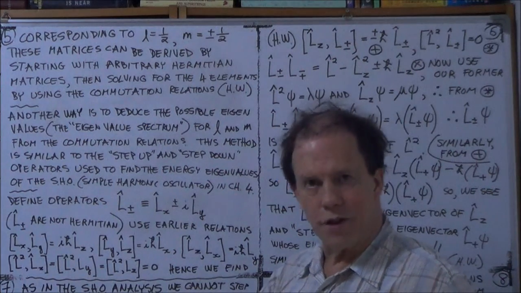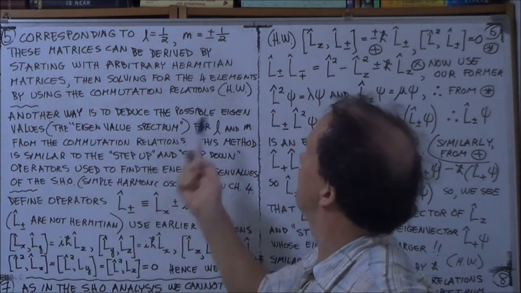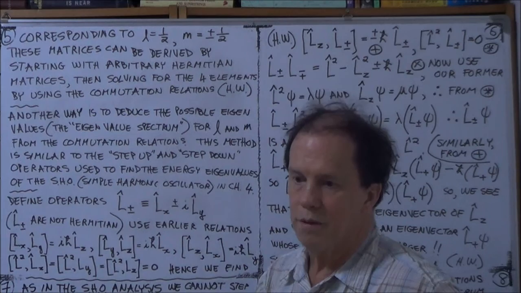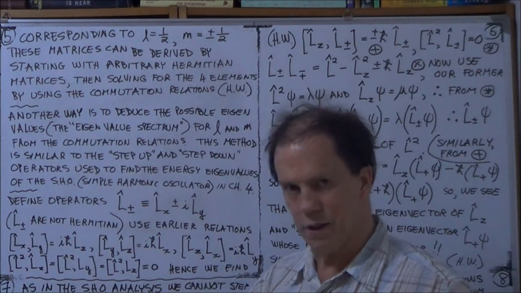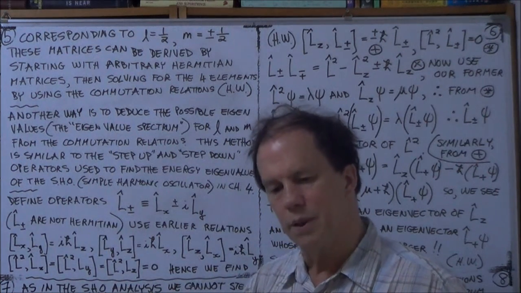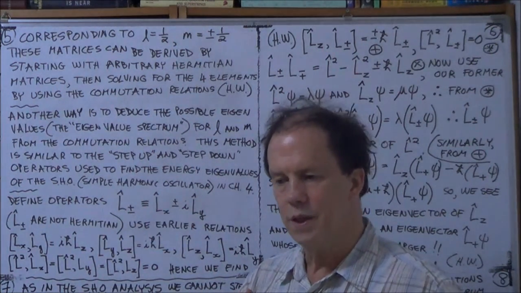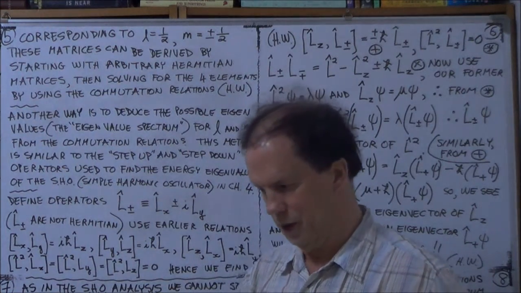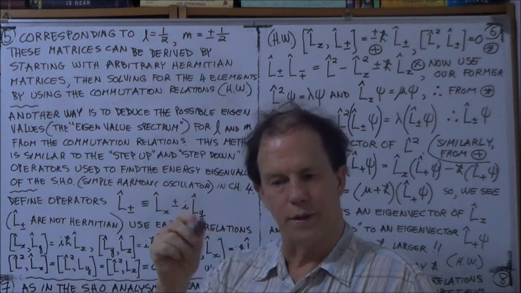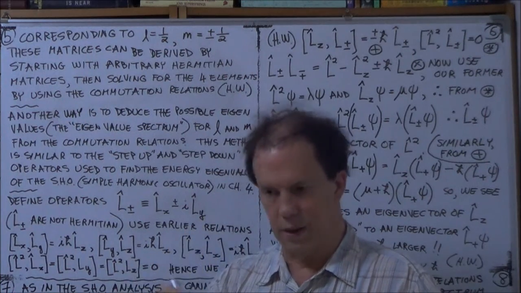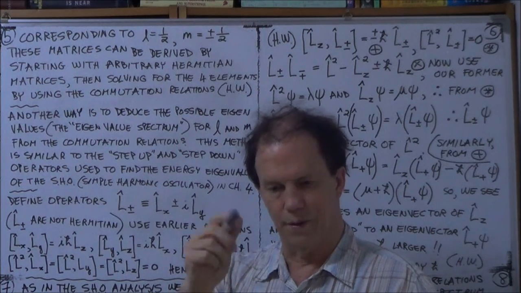Now these matrices are so simple. They're only 2 by 2 matrices, the simplest case. So as homework, I ask you to actually calculate what those matrices are. Towards the end of the previous session, I just gave them to you. But see if you can calculate what they should be, by using the commutation relations between Lx and Ly, or Ly and Lz, or Lz and Lx, and L squared and Lx.